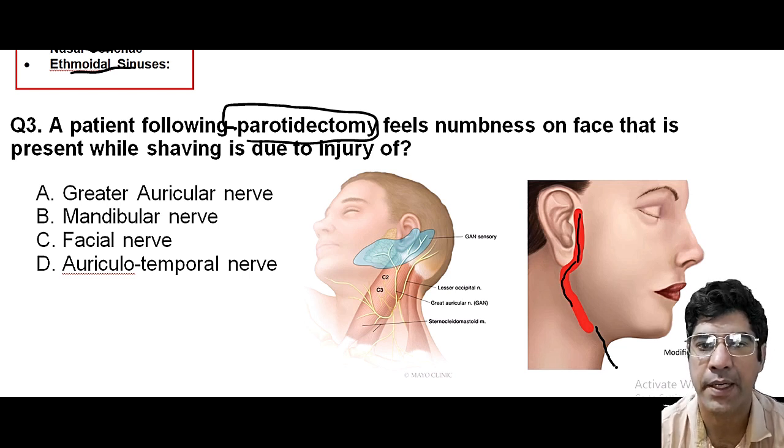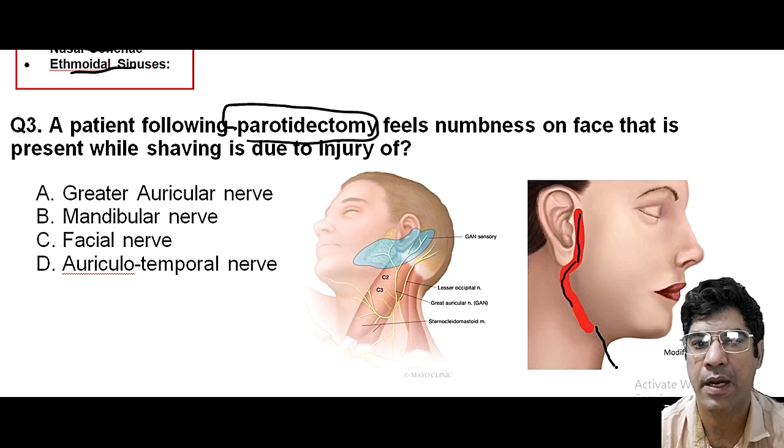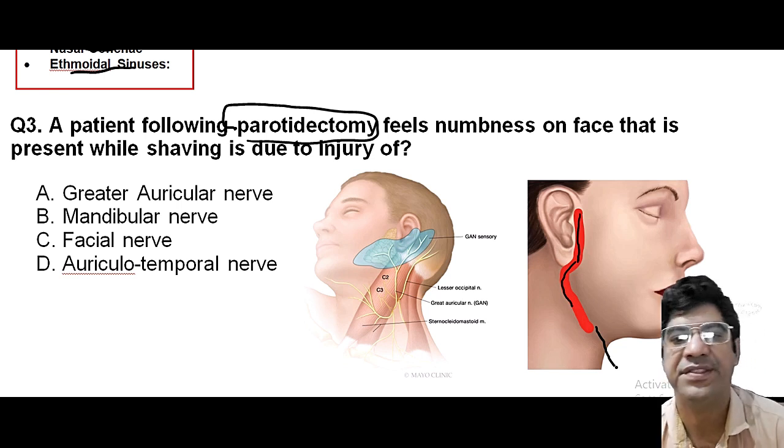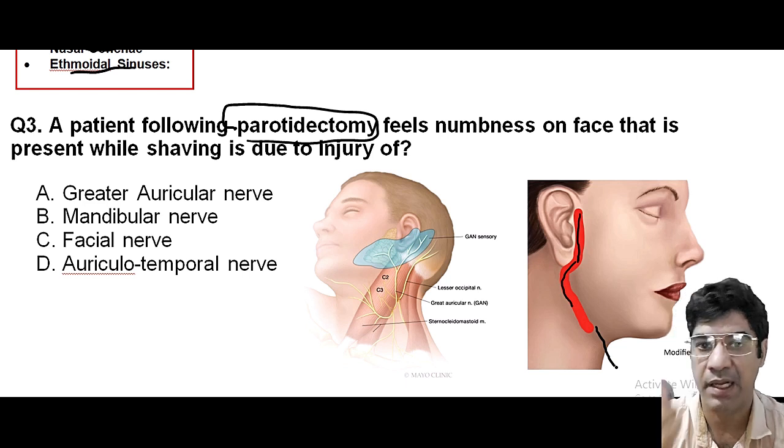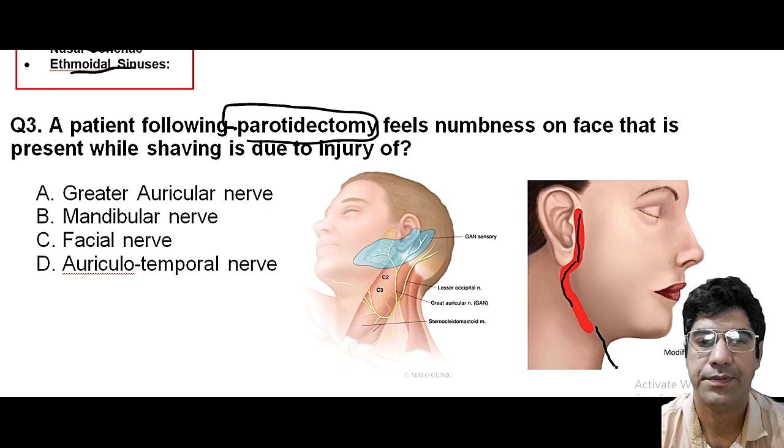If during parotidectomy, that is during this incision, this nerve gets injured, it can result in numbness in the area around the shaving site. That corresponds to the sensory distribution of the greater auricular nerve.